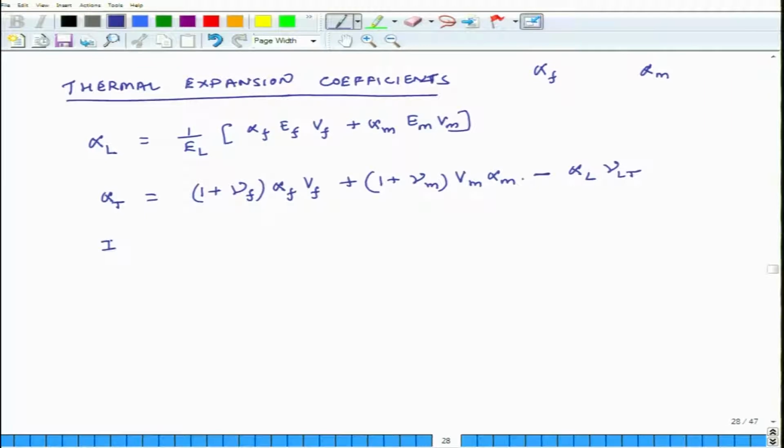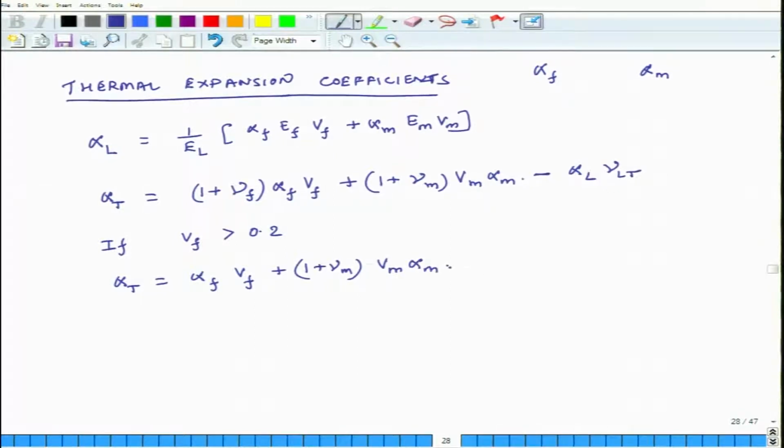And if the volume fraction of the fiber is very large, and specifically if it is larger than 0.2, then I can rewrite the expression for alpha t as something like this: alpha f V f plus 1 plus nu m V m alpha m.